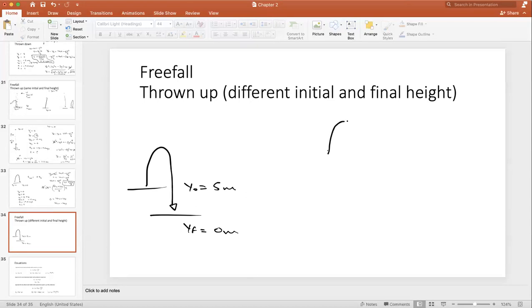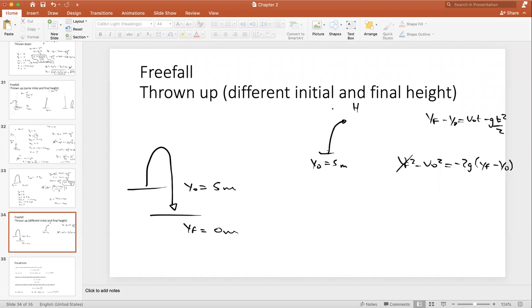You can treat this as a problem where it goes up to max height and y initial is 5. If you do this, though, note something happens. Y final minus y initial equals v naught t minus gt squared over 2, and v final squared minus v initial squared is equal to minus 2g times y final minus y initial. Now the y initial doesn't cancel.